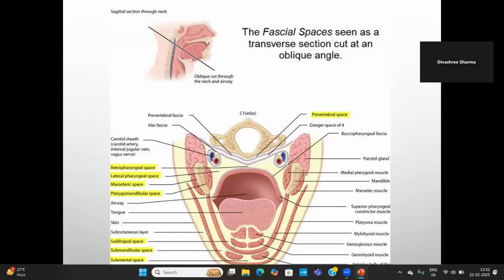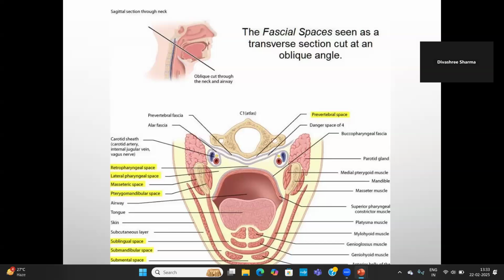And this is the sublingual space, which lies above the mylohyoid muscle. This is the tongue. These are the two important tongue muscles: the geniohyoid muscle and the genioglossus muscle on both sides.